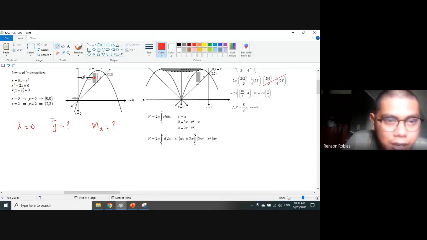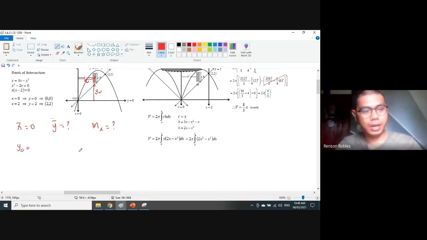From here until here is your XC, and from the centroid to the x-axis is your YC. Since we are looking for the moment in x, we need to look for YC. Earlier, we have seen that when the element chosen is vertical, XC is x.